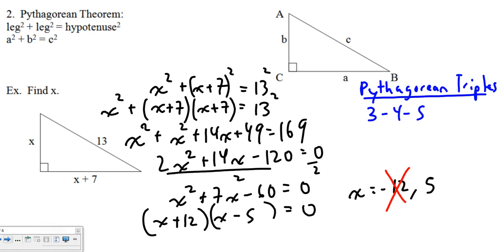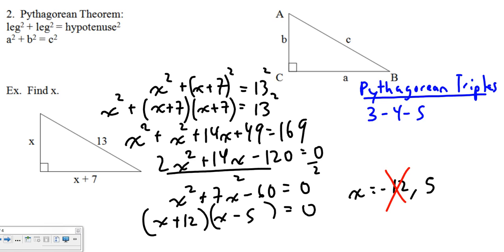A 3, 4, 5 triangle will satisfy the Pythagorean theorem because 3 squared plus 4 squared equals 5 squared. If you knew that one leg is 4 and the hypotenuse is 5, you would automatically know the other leg had to be 3 because they're in the right location of that triangle.